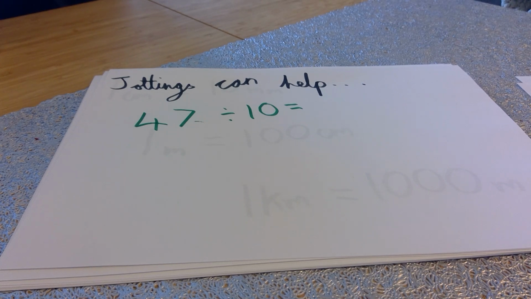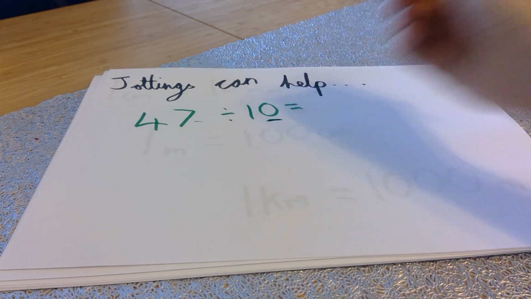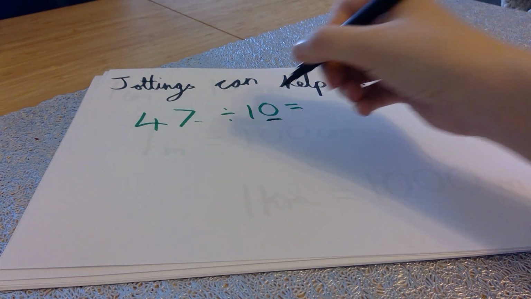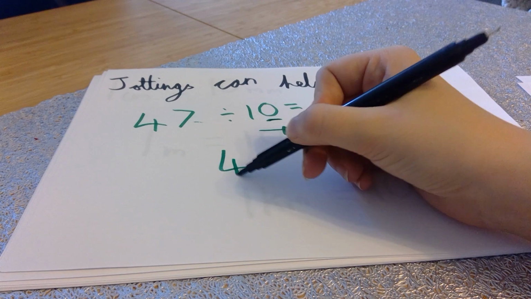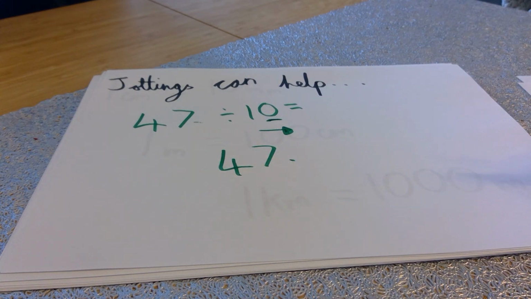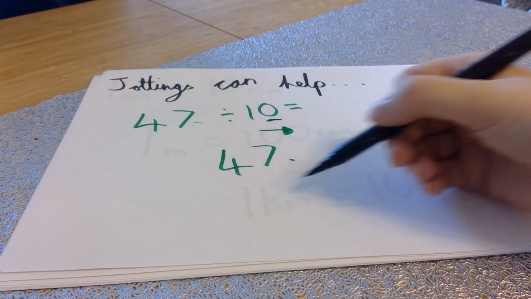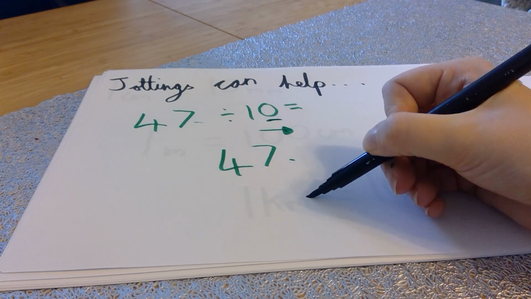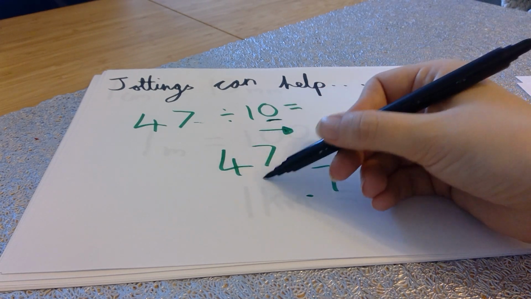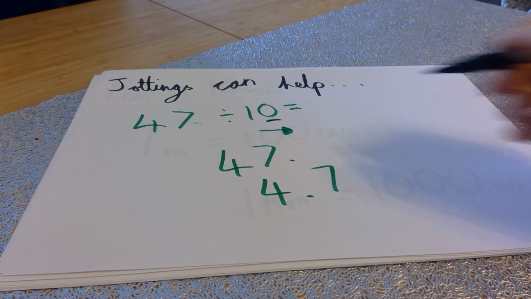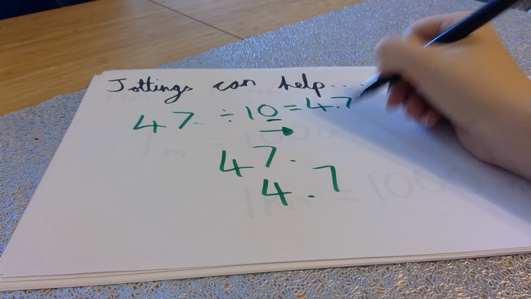First of all, I need to think, how many spaces am I going to move it? 1, well done. And I want to make it smaller, so I'm going to go this direction. So if I'm using my jottings, I'm going to put my decimal, and I'm just going to write it underneath to make it quicker. So I'm going to put my decimal on the new line, and move it one space across, one space across. So the answer is 4.7.